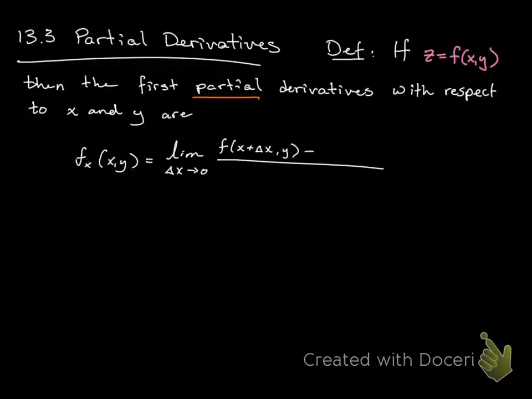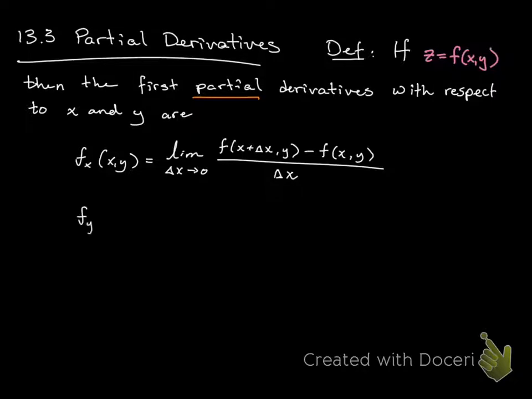So in the x coordinate, I'm changing x by a little bit, subtracting what happens when I don't change x, f of x, y, and dividing by that small change in x. That's the partial derivative of f with respect to x, and we denote it with that little subscript.